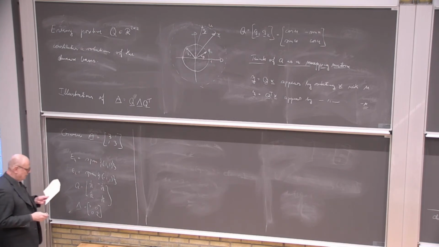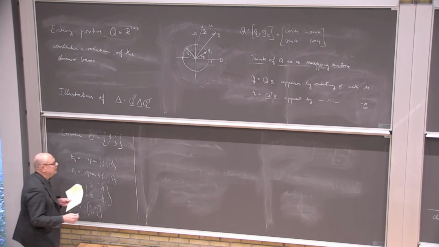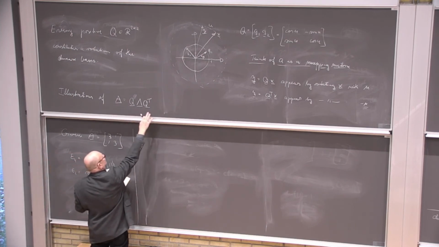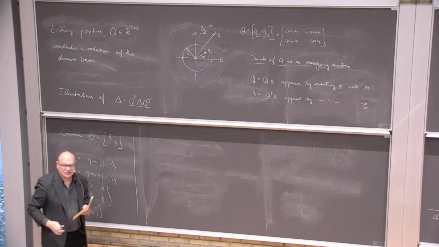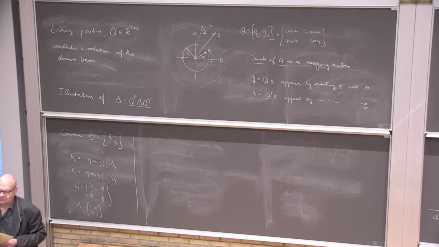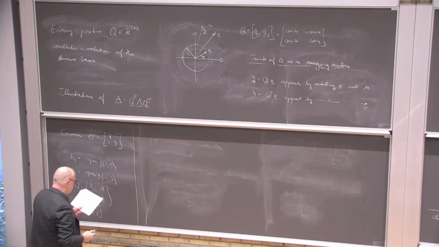Now, if I look at this factorization of the matrix, then I can interpret that in terms of geometry.